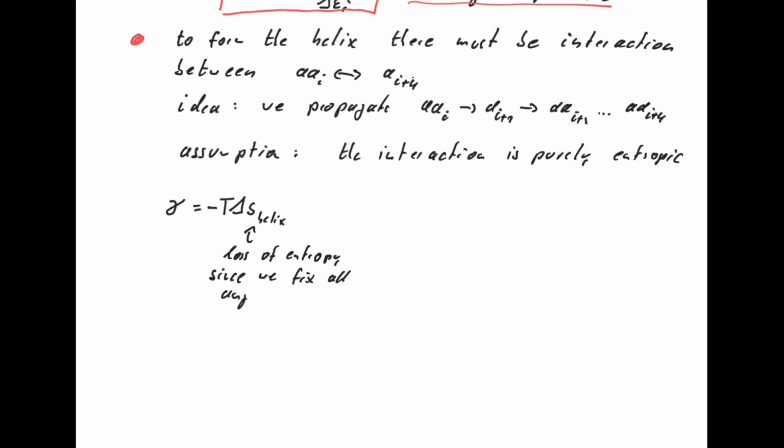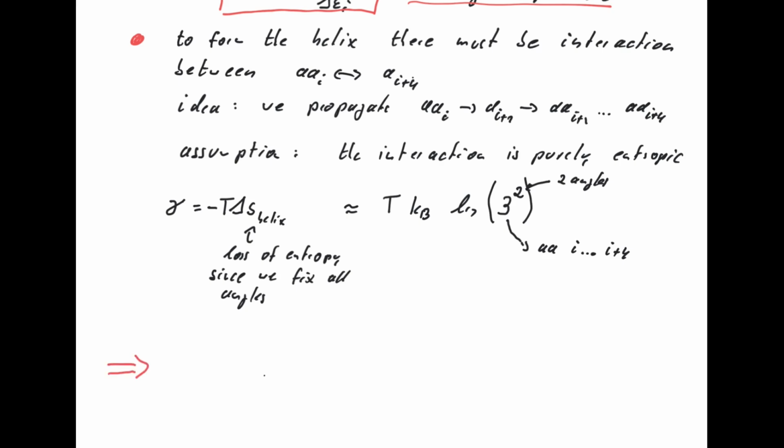With this in mind, we can easily estimate this interaction energy, and our estimation would be that this is equal to T times kB log of 3 to the power 2, where the 3 counts the number of amino acids between the amino acid i and i plus 4, and the 2 refers to the 2 angles that we have to fix for those amino acids.